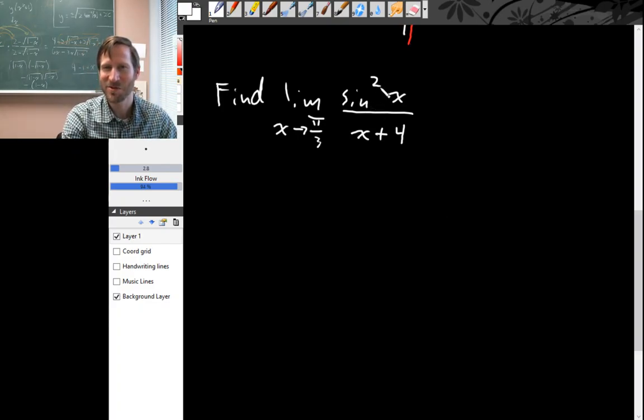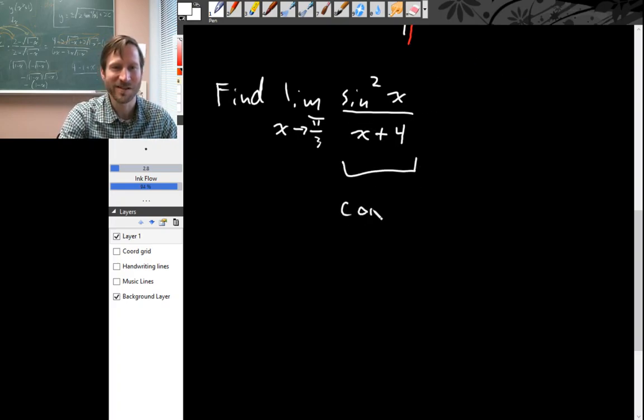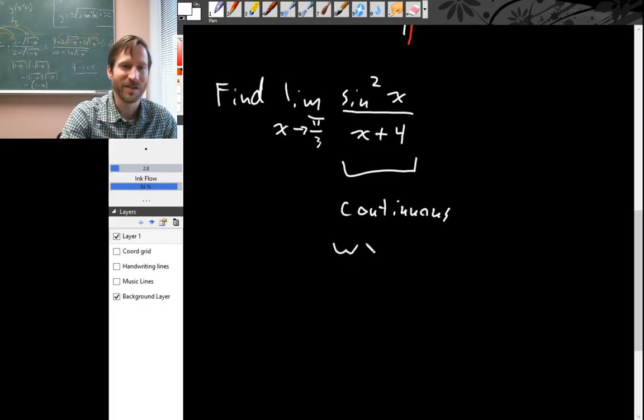Right? Raising something to a power doesn't change continuity. Dividing by x plus 4, well, x plus 4 isn't 0 at pi over 3. All of these operations sort of behave nicely with continuity. And so this function is continuous where it is defined.